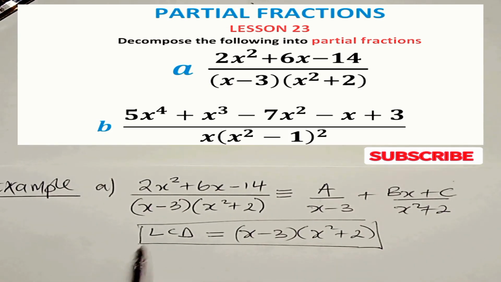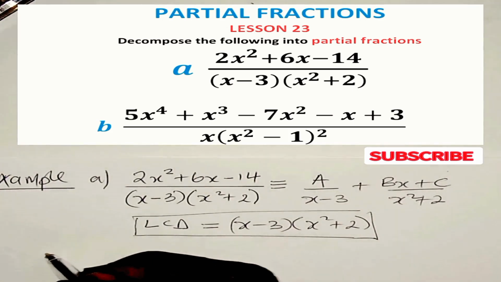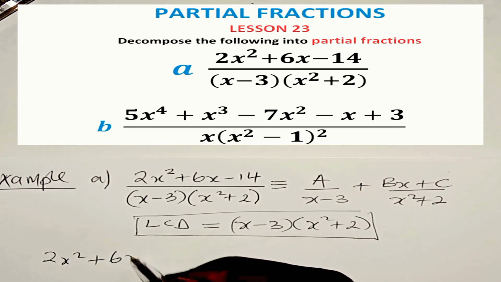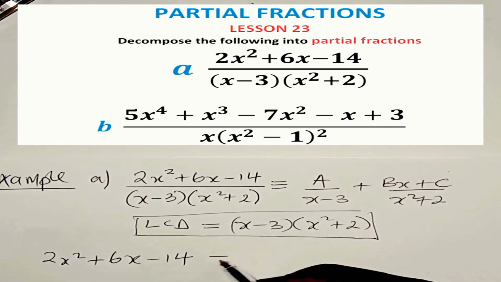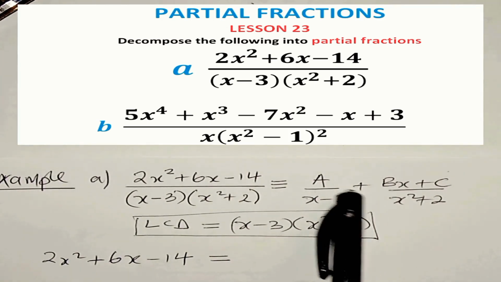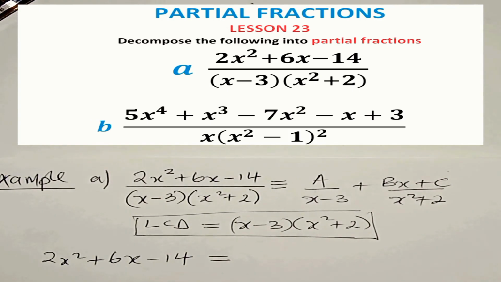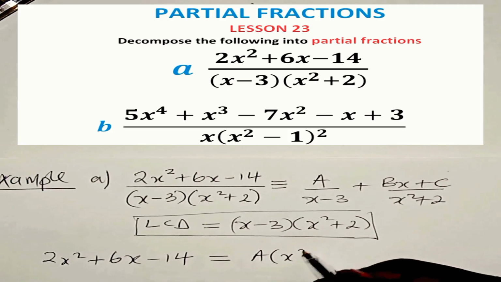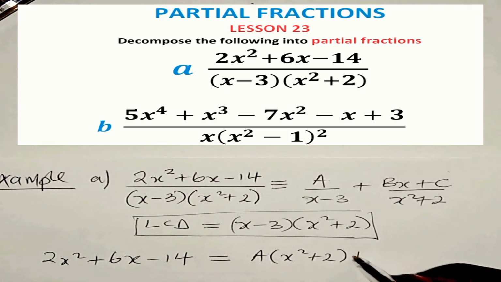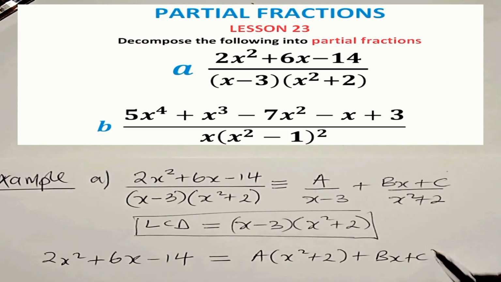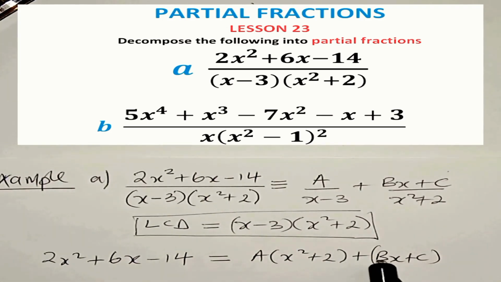We multiply the LCD by the left-hand side, it cancels off, and we have 2x squared plus 6x minus 14, and that is equal to, we multiply the LCD by that term, x minus 3 cancels, and you have A times x squared plus 2 plus Bx plus C. You multiply this term by that, you have Bx plus C multiplied by x minus 3, because this term cancels with that.